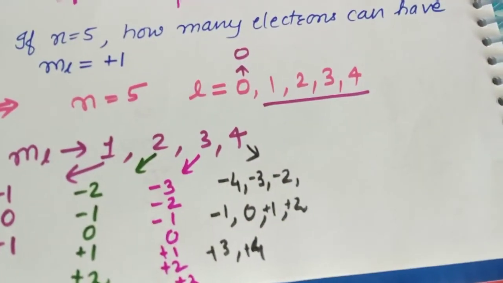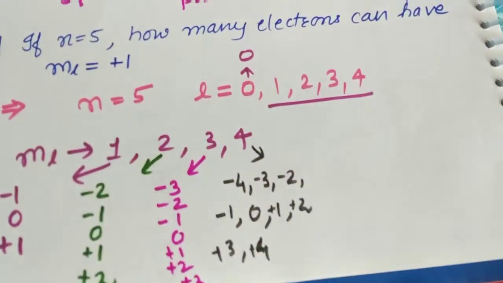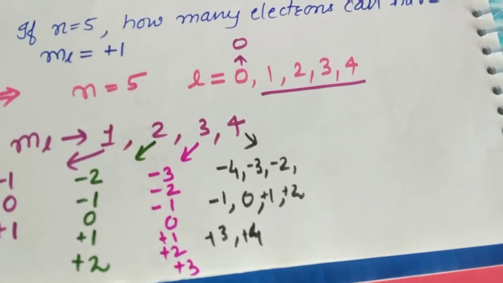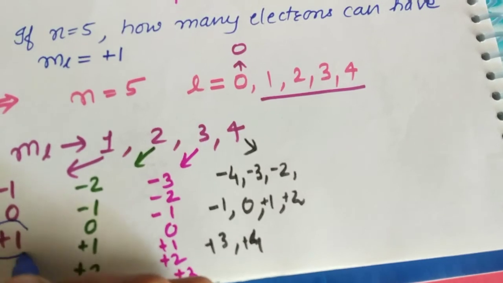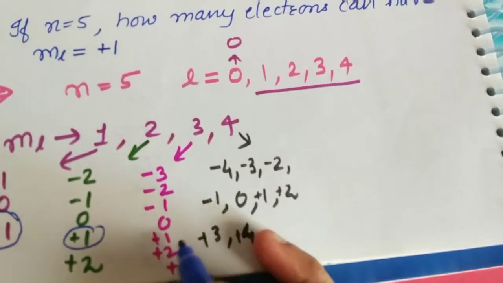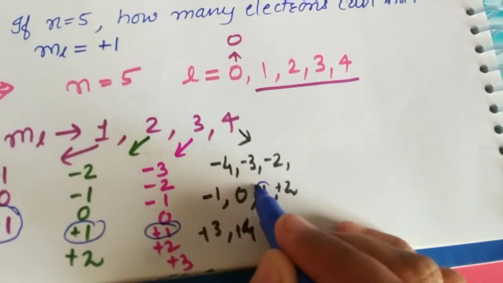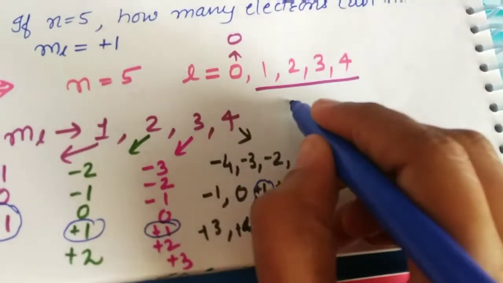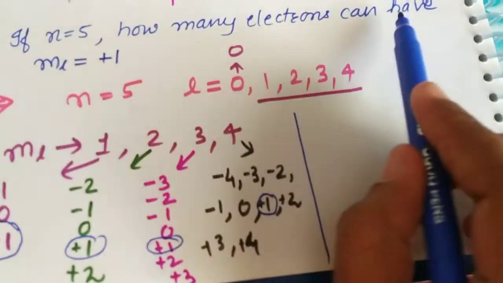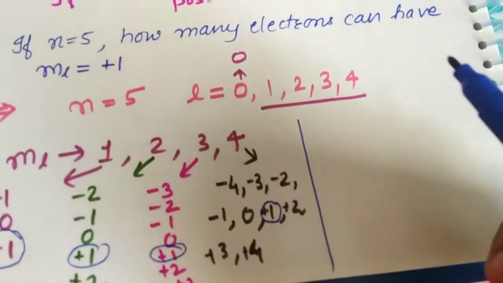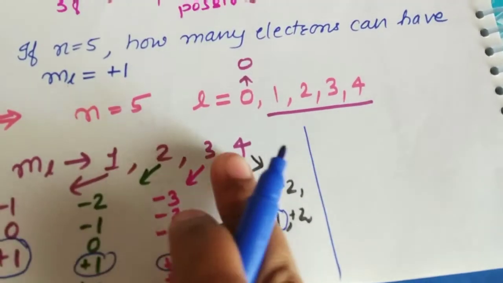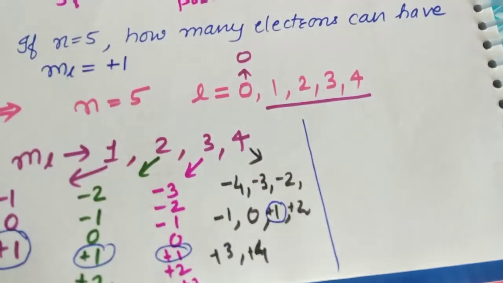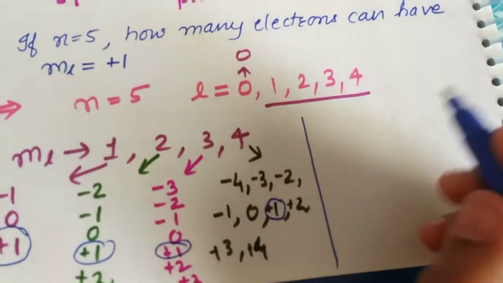So in this way, if you observe carefully, you can find that in each one plus 1 is there. Plus 1, plus 1, plus 1 and here also plus 1. So how many orbitals can have ml equal to plus 1 value? All of them, 1, 2, 3, 4, are having plus 1 as a value.